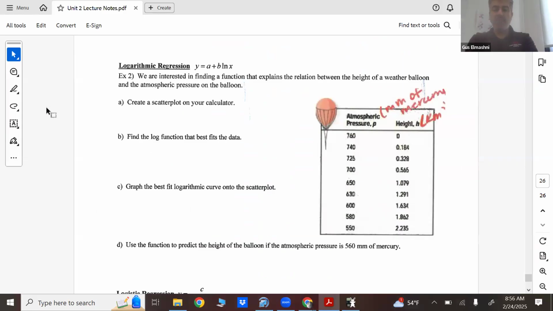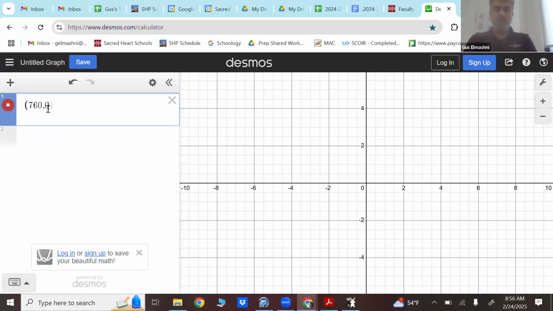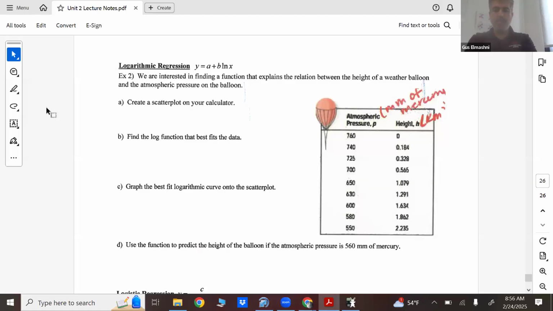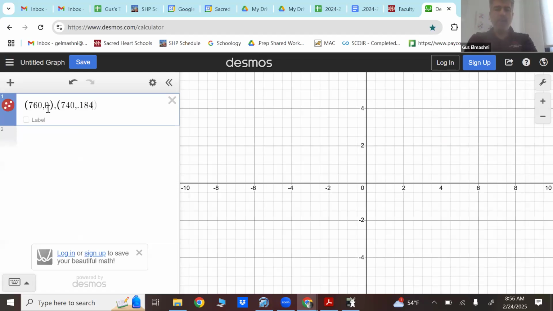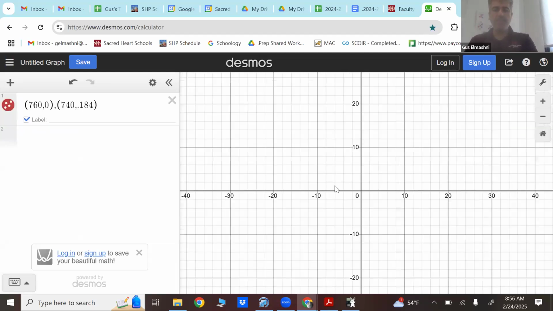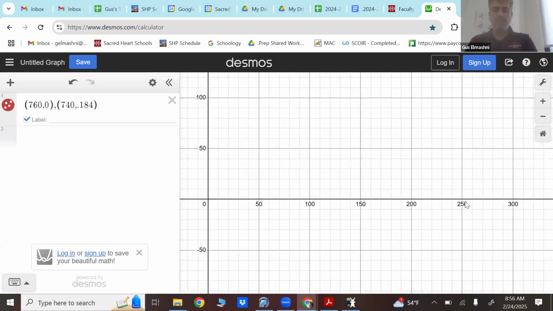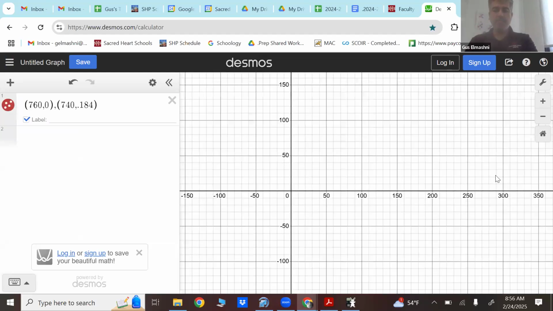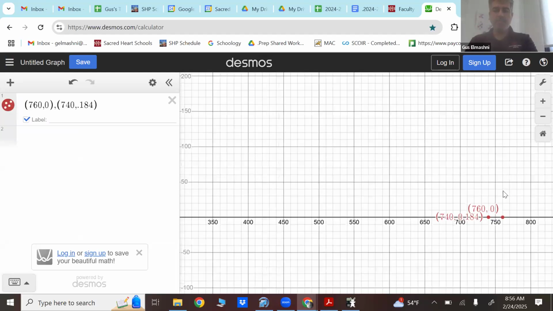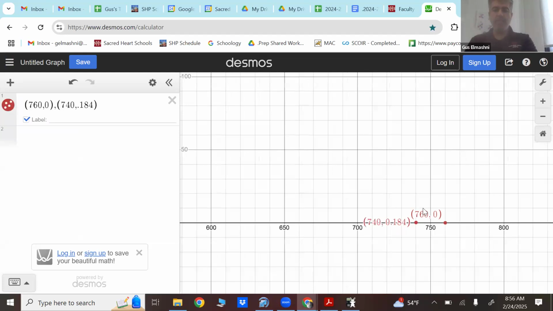Right, the point. Good. Okay. So I'll do 760, comma 0.184. 740, comma 0.184. Now, before I get too carried away, let me plot these. Let me zoom out. Okay, so far I have that.